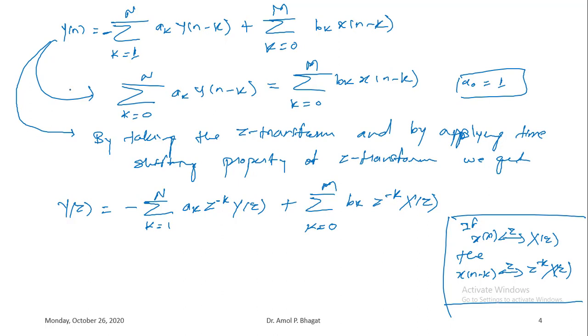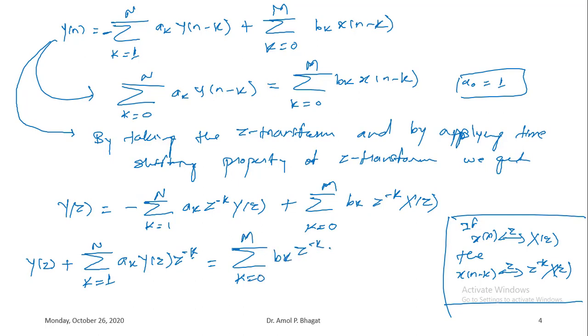So again, if I'm using this equation, if I transfer these terms of Y of z to the left hand side, I'll get Y of z plus summation k equals 1 to n ak Y of z, right? Multiplied by this z to the power minus k, is equal to summation k equals 0 to n bk z to the power minus k X of z.